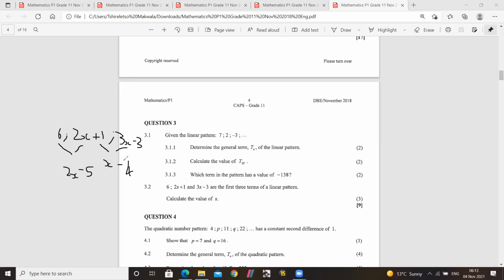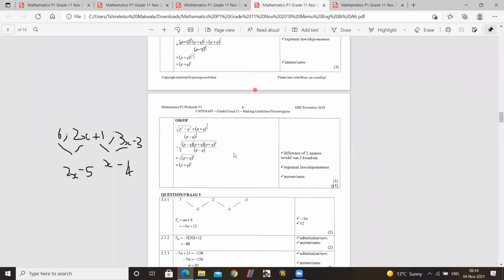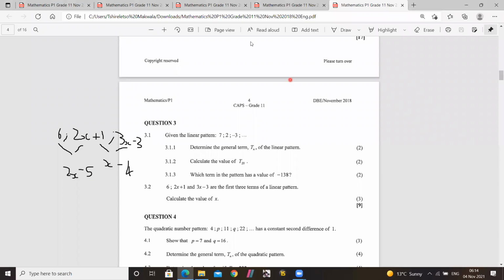We said these two things must be equal. Why? They are called common differences, so they have to be the same, just like here where this negative 5 is equal to this negative 5. That's what we mean by common difference. These two must be equal in order for this to be a linear pattern.